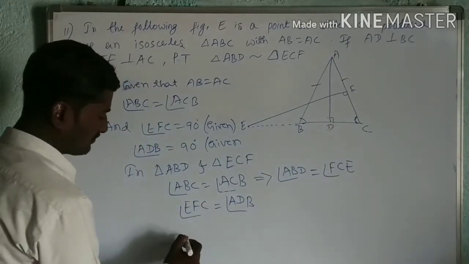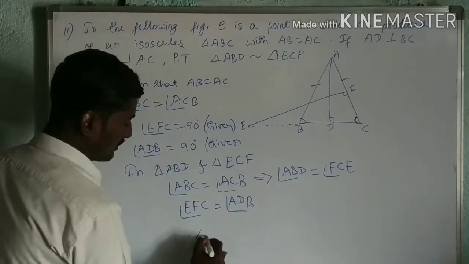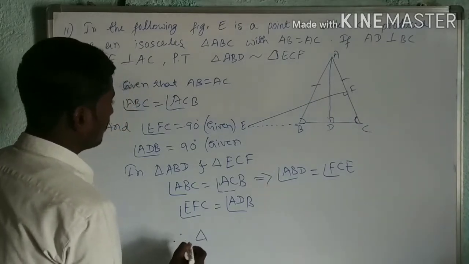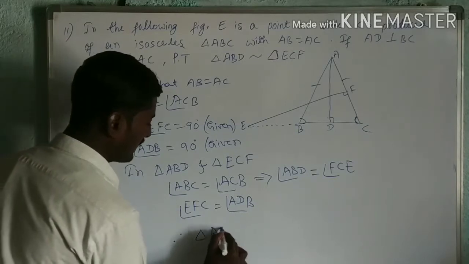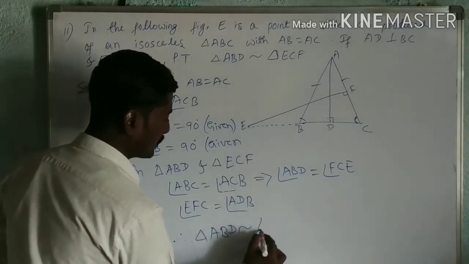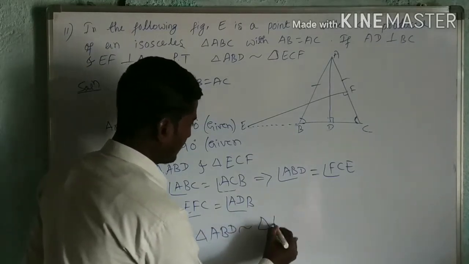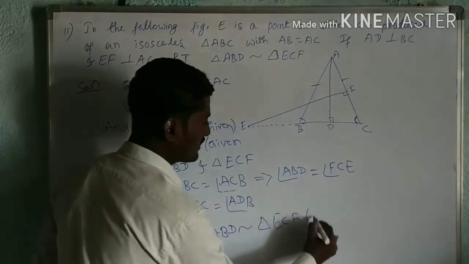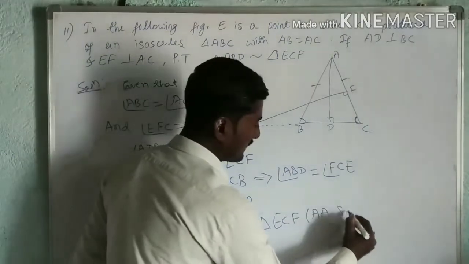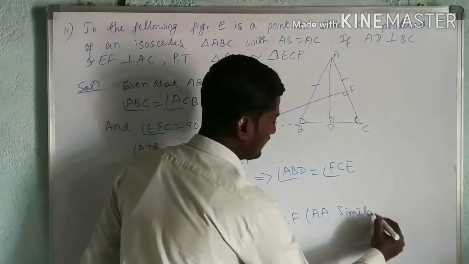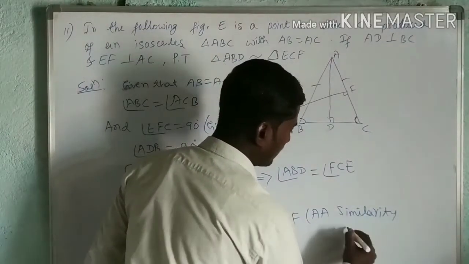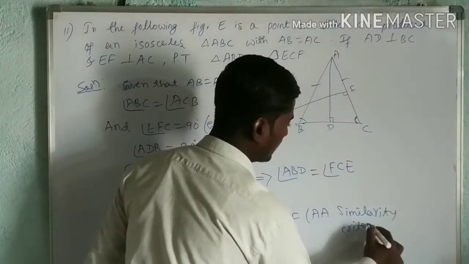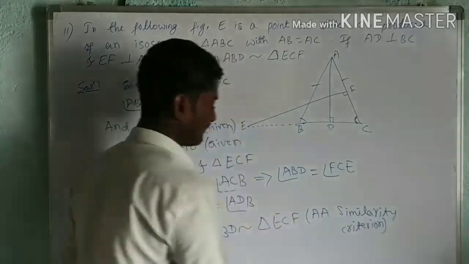Therefore, triangle ABD is similar to triangle ECF by the AA similarity criterion. You must write the reason.